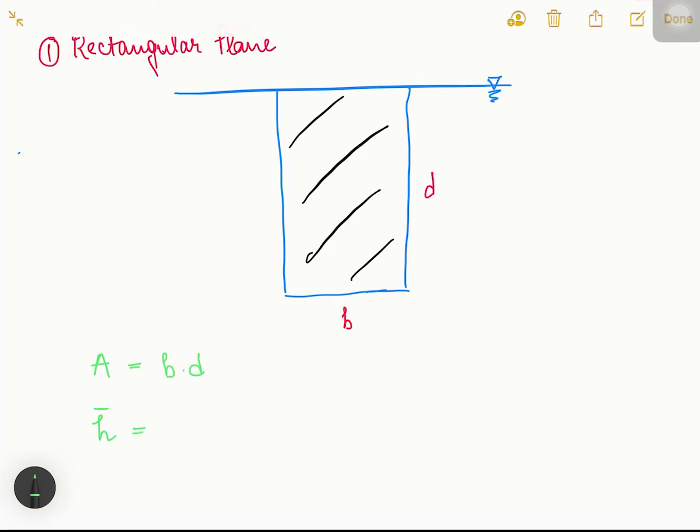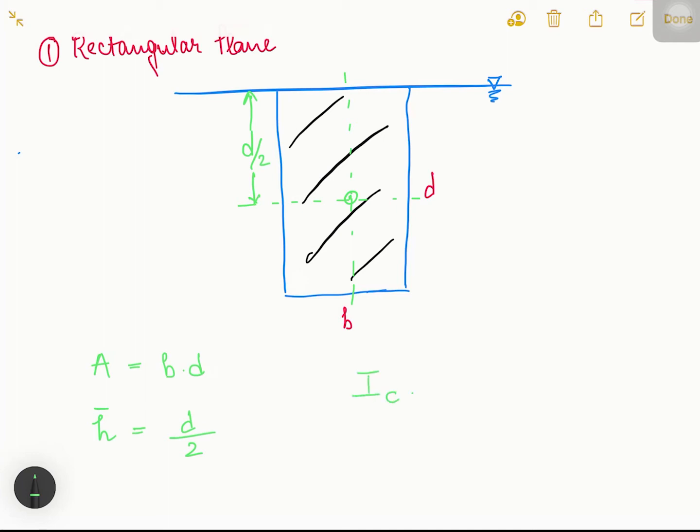Your h bar is d by 2. To remind you, h bar was the location of the center of gravity. For this rectangular surface the center of gravity will be somewhere in the middle, and this distance will be d by 2. So we are taking h bar as d by 2.